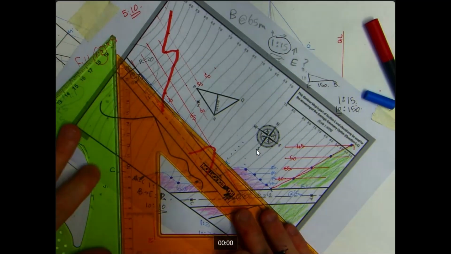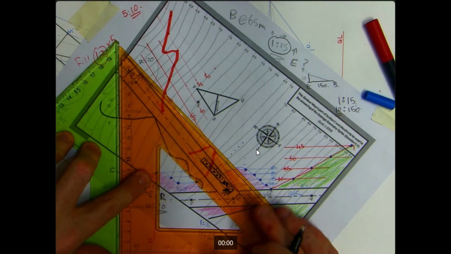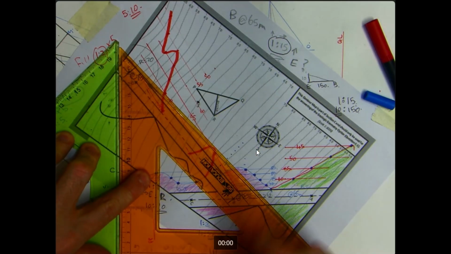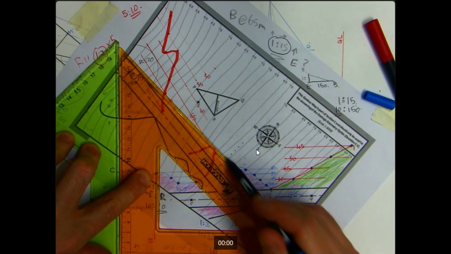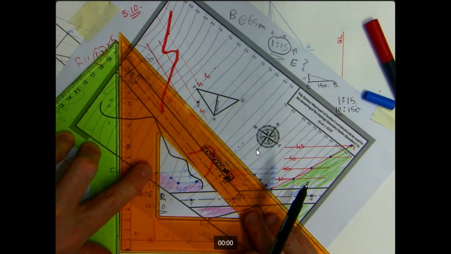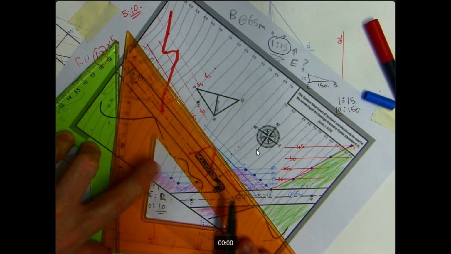Set it up parallel to the blue line and draw them in. Now I know that first blue line is labelled at 75 because it hits the road at 75. So as I step further away, it's going to be labelled with an 80 contour. The next one's going to be 85. The next one's going to be 90. We don't have any 90 contours on it, so I don't need to go out that far.